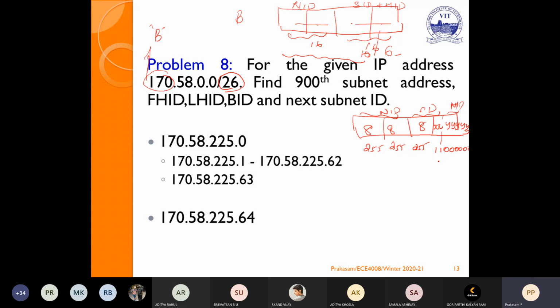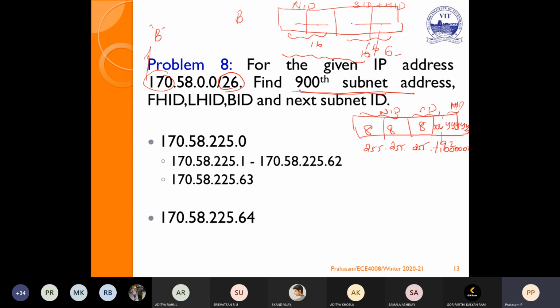What is the equivalent decimal for 11000000? 192. So the subnet mask is 255.255.255.192. Here they are asking to find the 900 subnet address.